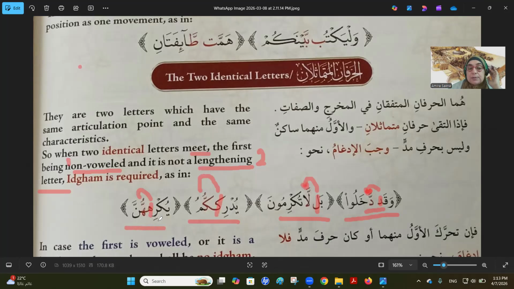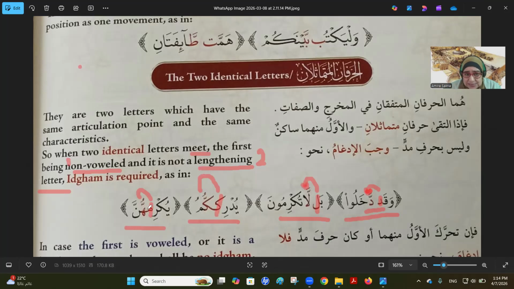Yakrahun. And here also I cannot apply hams. When we apply full merging, qalqala will not be applied. No way to apply it, but give the letter its time.